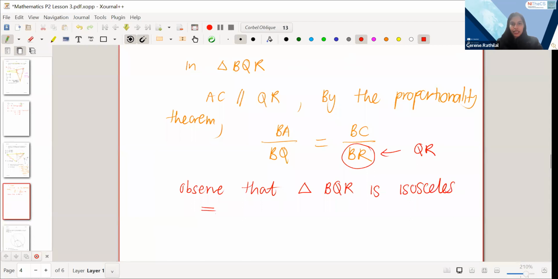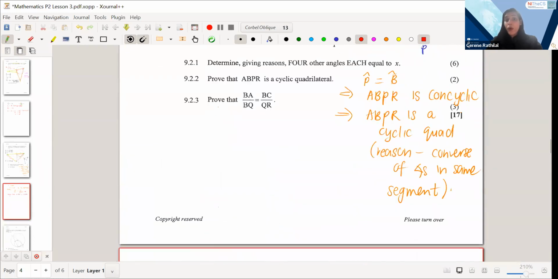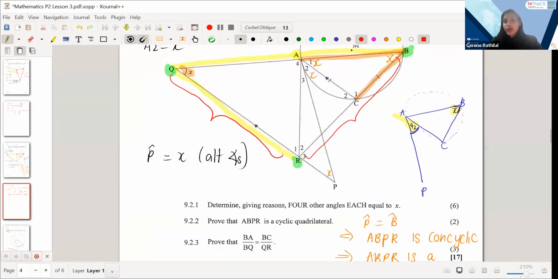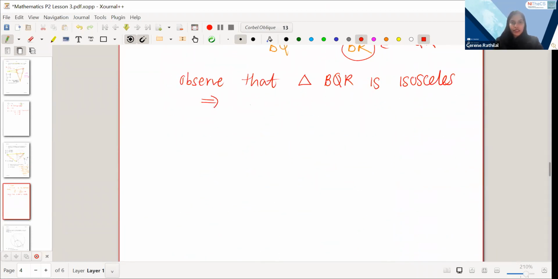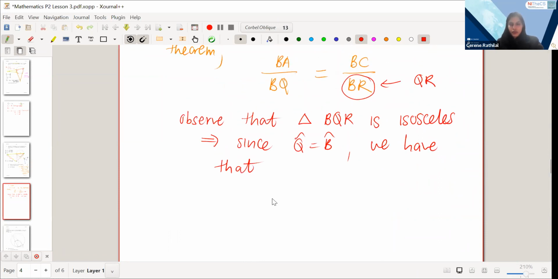So this implies, because we know that angle Q equals angle B, side BR equals side QR.